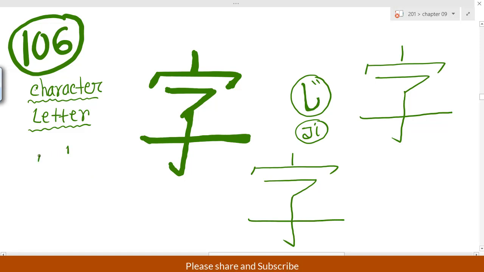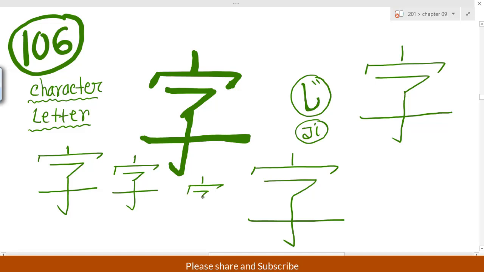This kanji, first, second, third, fourth. So the stroke of this kanji again. So the G kanji, G, again this way.